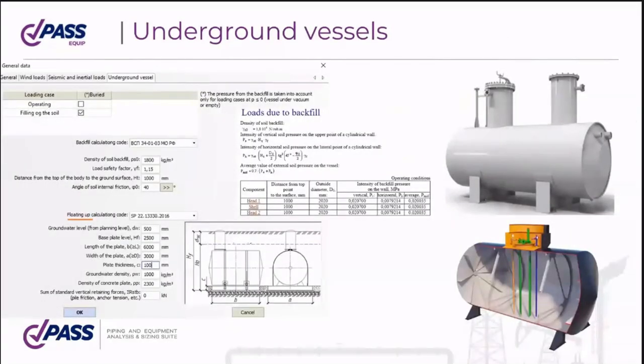For underground vessels, we take into account interaction with the soil, and we also calculate possible floating up. This is already available in this version, but we have plans to improve it in the next version.